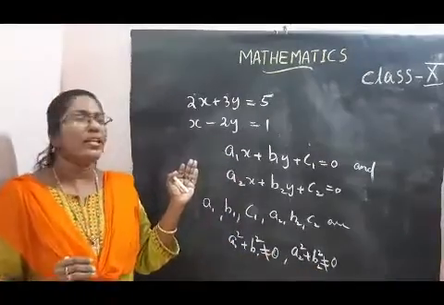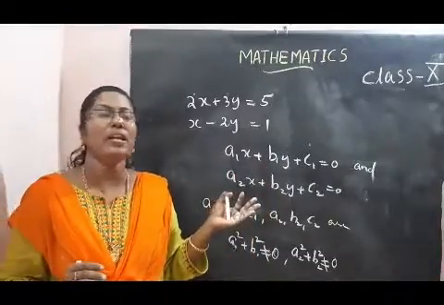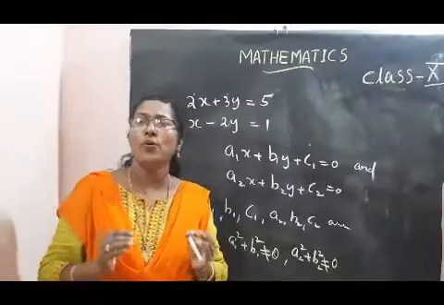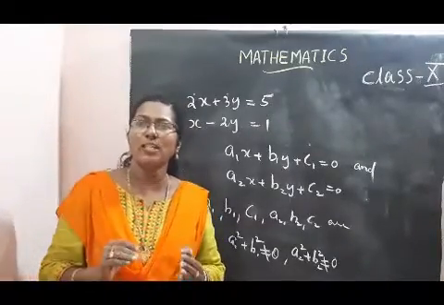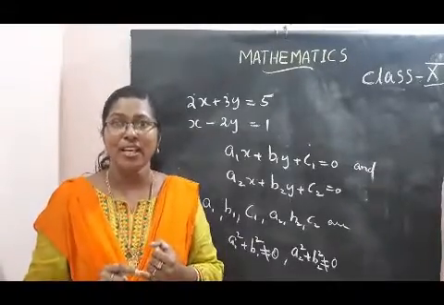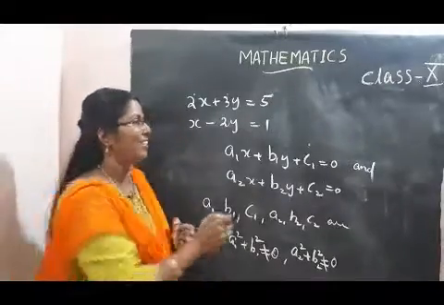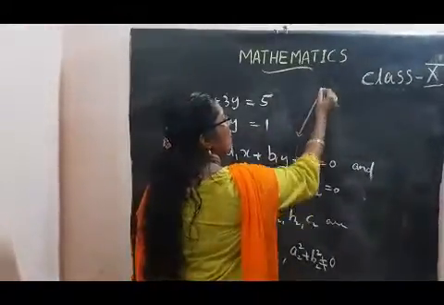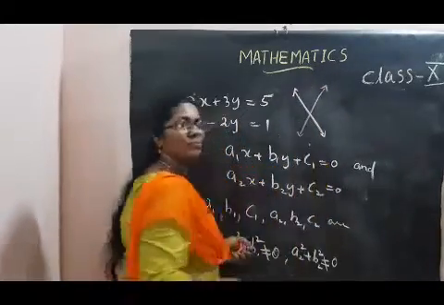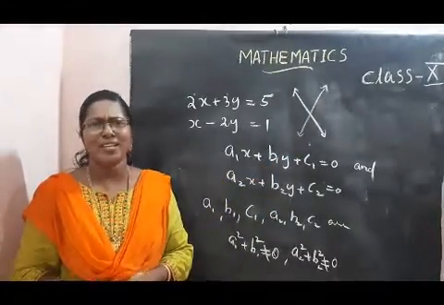Clear? Here we want to construct a pair of linear equations in two variables in the same plane or same graph. When we draw two straight lines, what are the possibilities that can happen? First one is the two lines will intersect at a particular point. Okay. Then what's the next one?